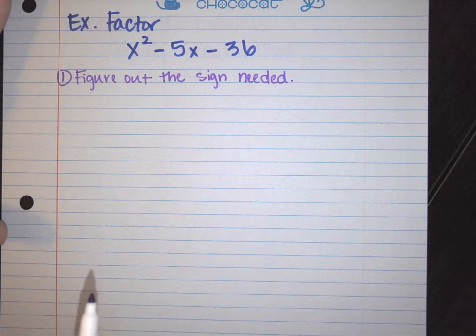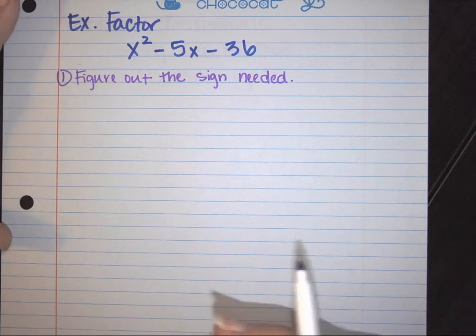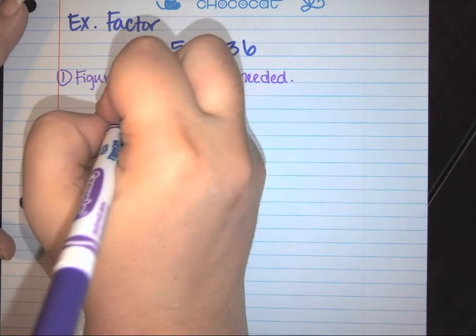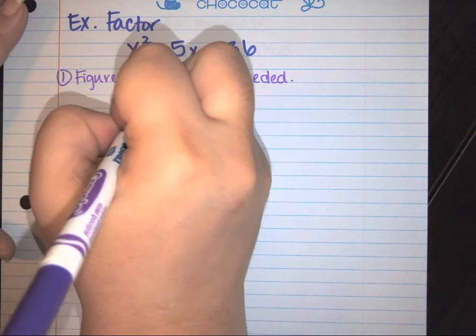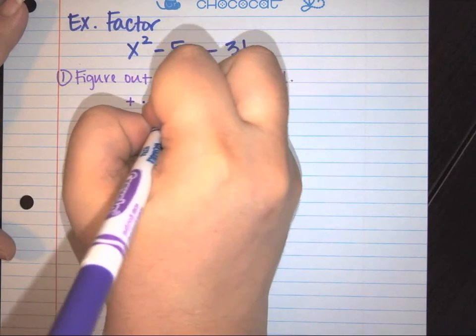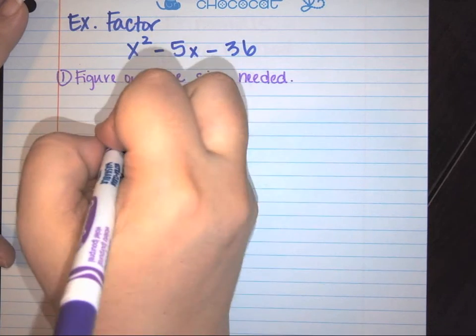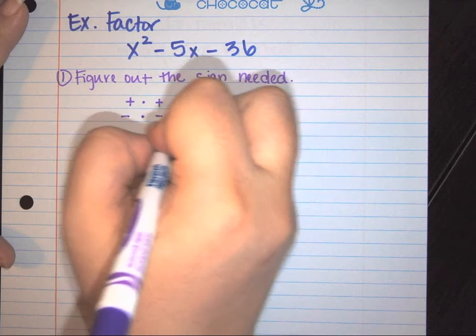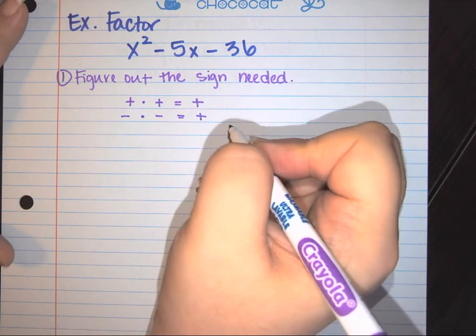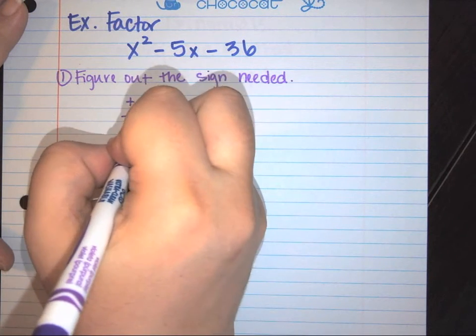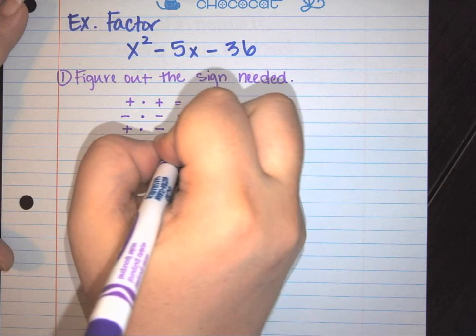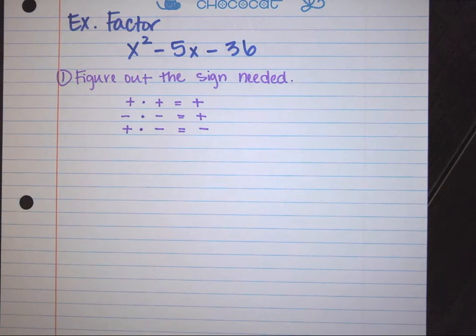So first I need to figure out the sign that's needed. So remember, I have 3 possibilities. Positive times positive gives you a positive result. Then I have negative times negative gives you a positive result. And I have positive times negative gives you a negative result. Okay?